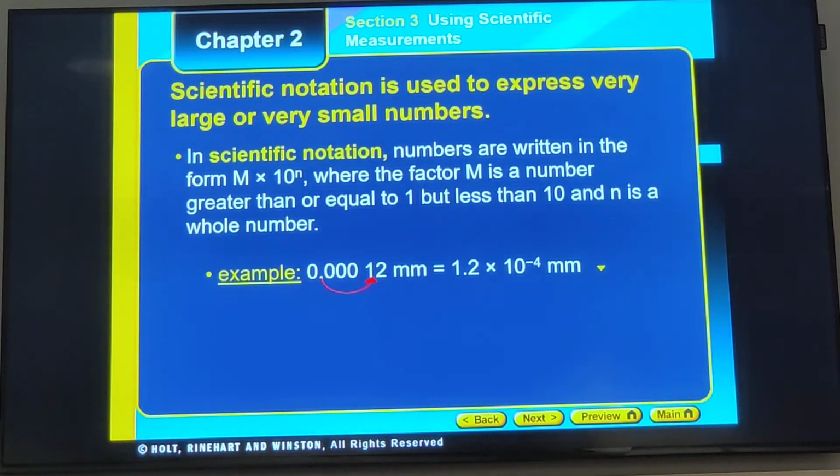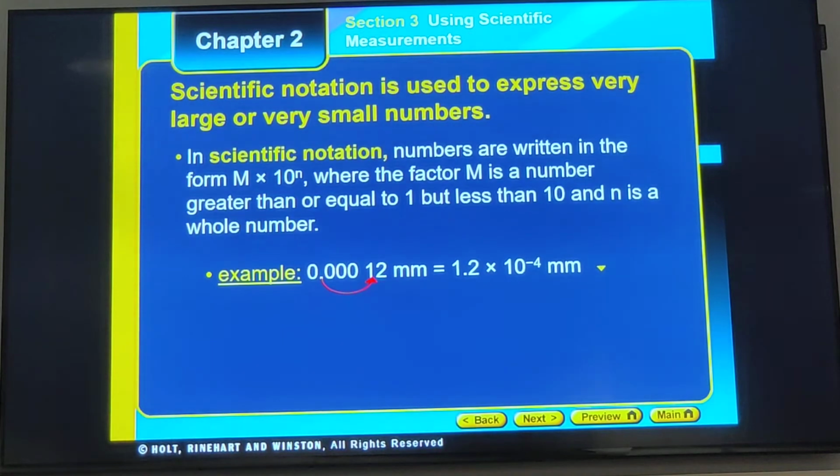Okay? So here we have a number like 0.00012 millimeters, and we want to change it into scientific notation. So I move the decimal point so that I have only one number to the left of the decimal, and it can't be 0. So we are moving it to right after the 1.